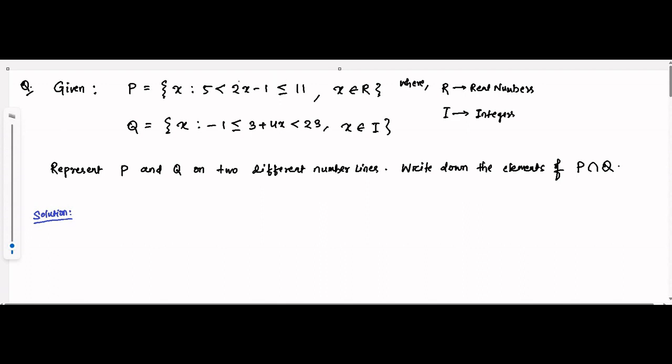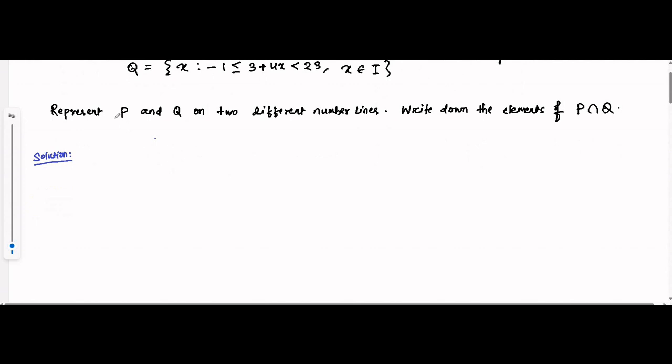So let's first solve them. First is P, which is written as 5 lesser than 2x minus 1 lesser than equal to 11 with x belonging to real numbers.